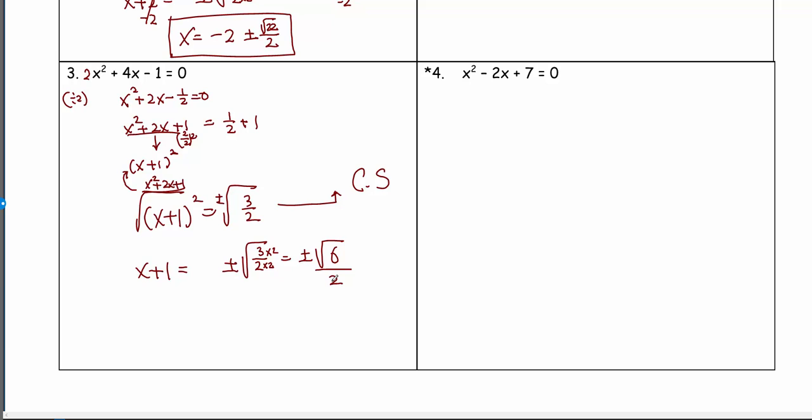Yeah, that's fine. Finally, you can subtract 1 from both sides, okay? So x equals how much? Negative 1 plus or minus square root 6 over 2. That's the solution, okay? We found the solution using what? Completing the square, okay? This is completing the square. I hope you understand this one, okay? Alright, thank you. Good luck.